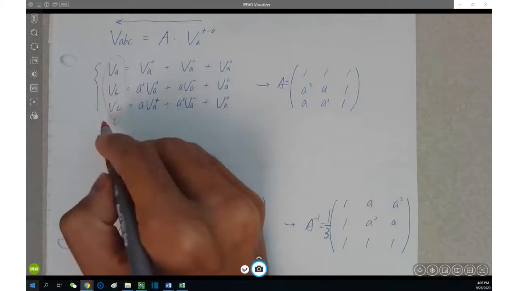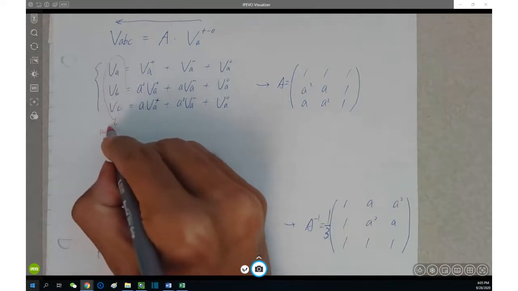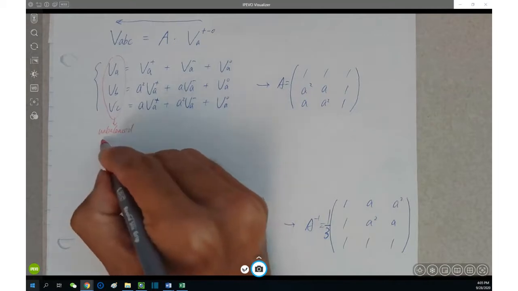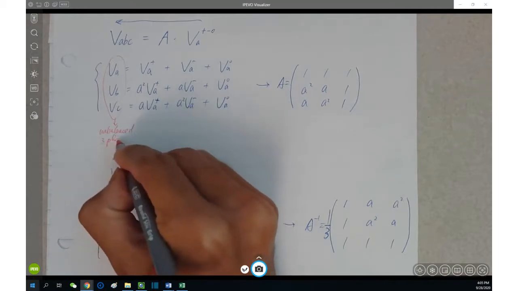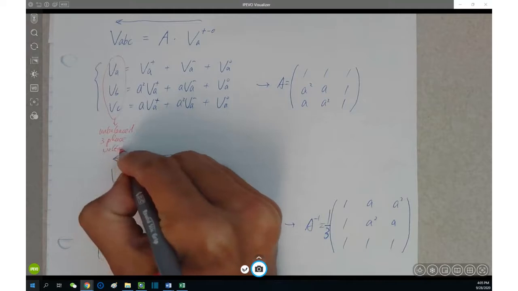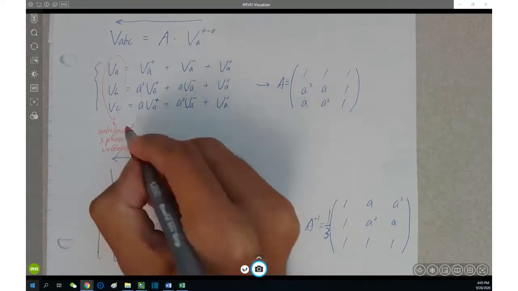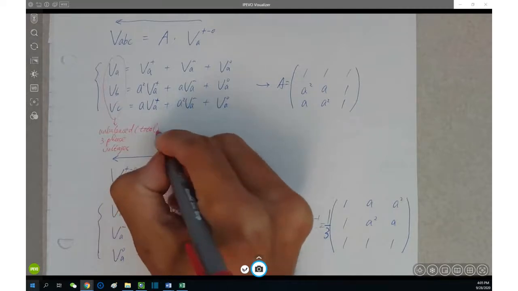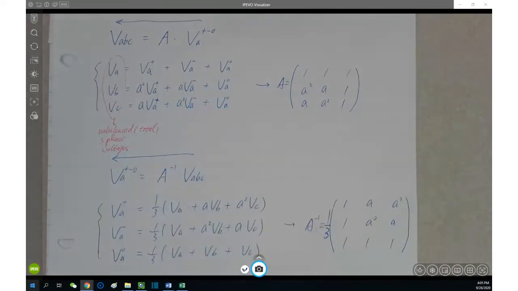These 3 are called what? Unbalanced 3-phase voltages, right? In your understanding, unbalanced means nothing but total, right? Total. What do you mean by total?